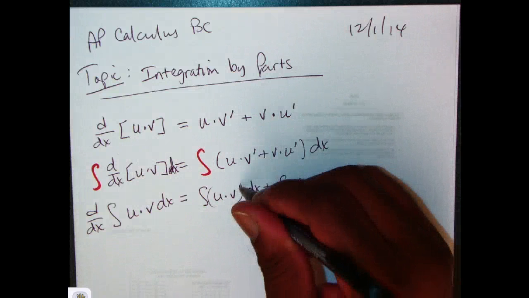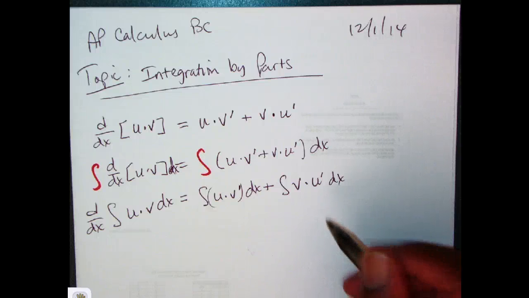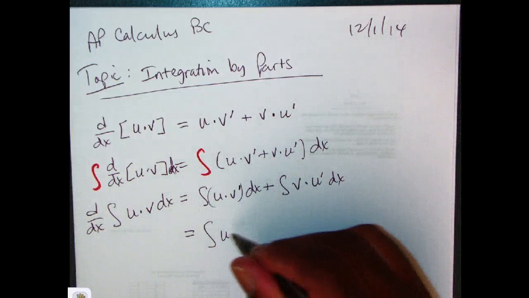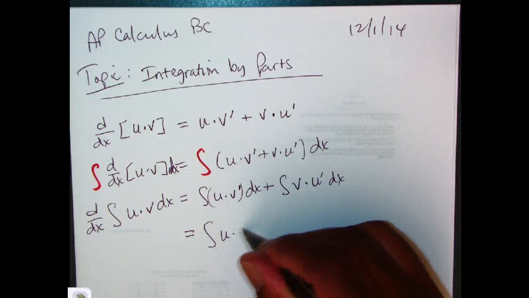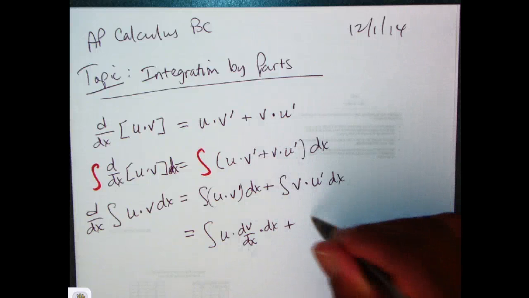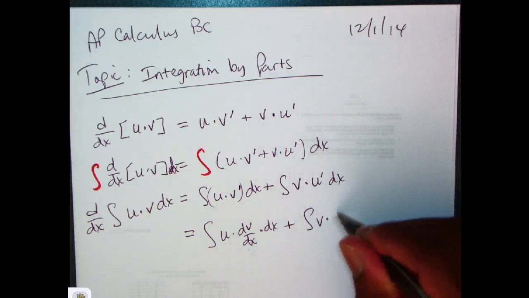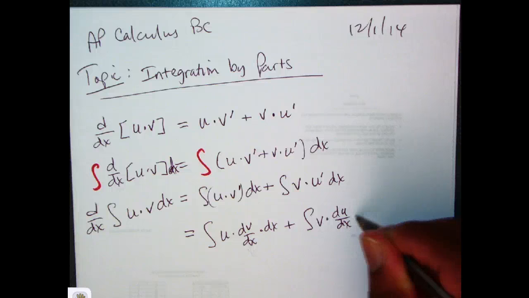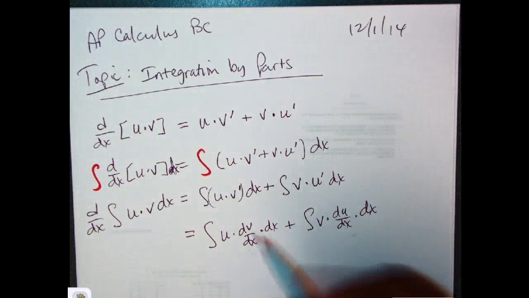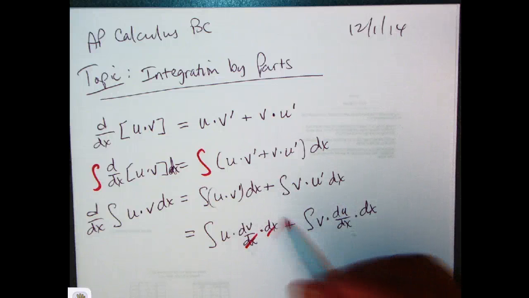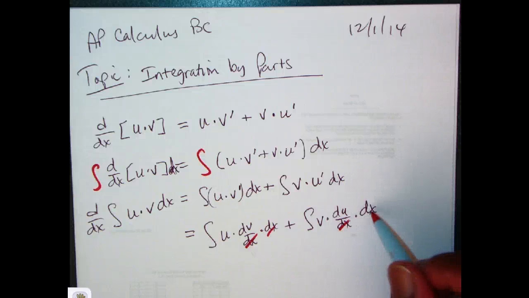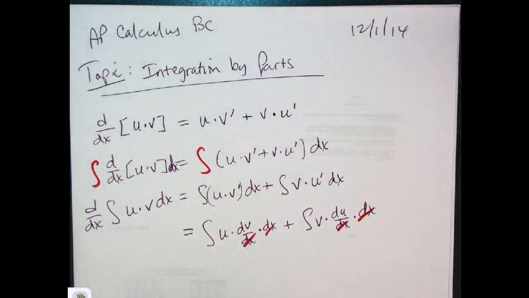So all v prime is dv dx. So this is equal to the integral of u times dv dx times dx plus the integral of v times du dx times dx. And this dx and that dx, this dx and that dx, they go away.